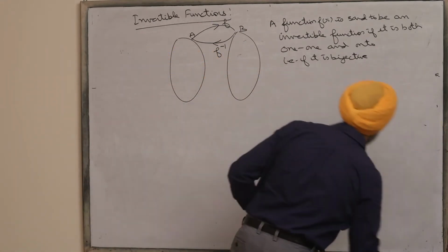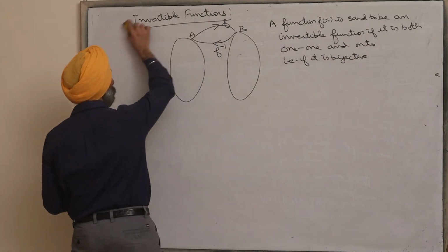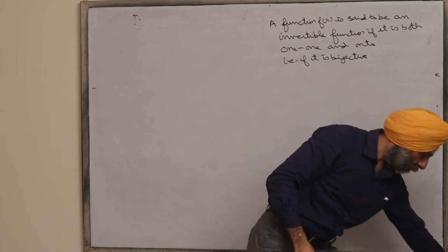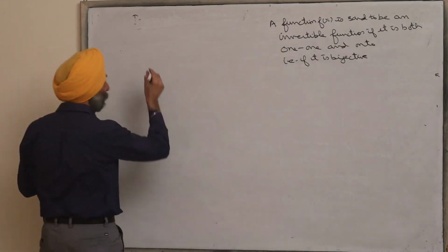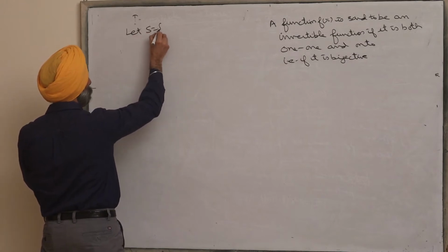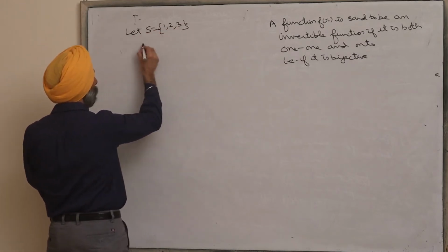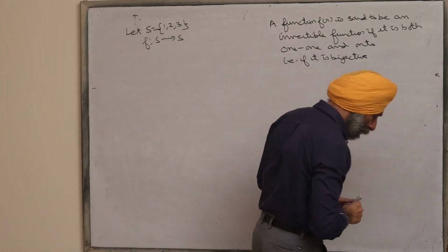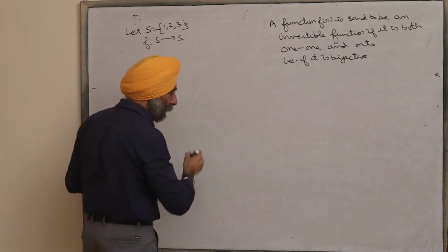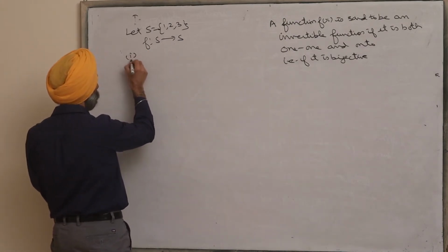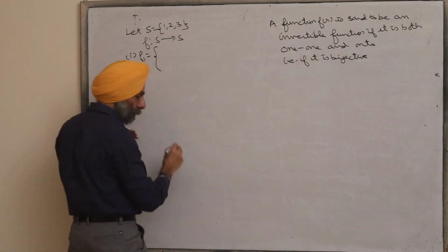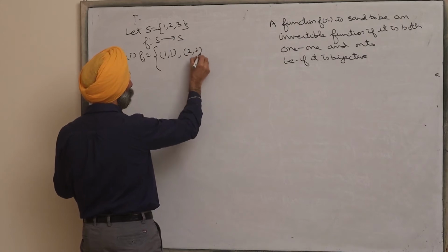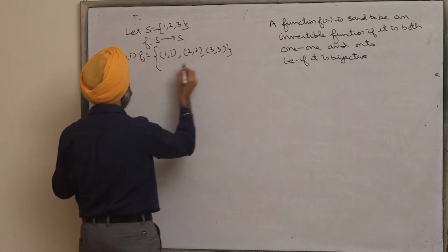Now let us discuss this point by considering an example. Let S be a set consisting of the elements 1 to 3 and f be a function defined from S to S. The first one is f1 equal to {(1,1), (2,2), (3,3)}.